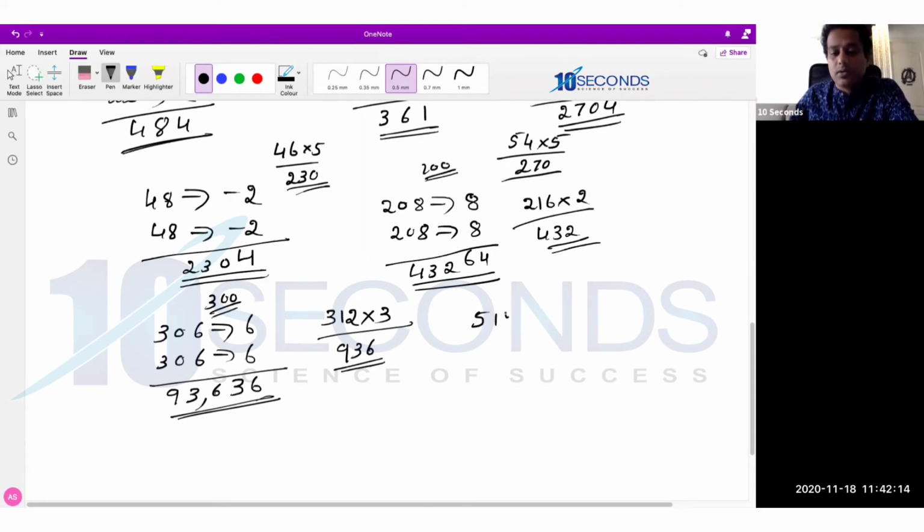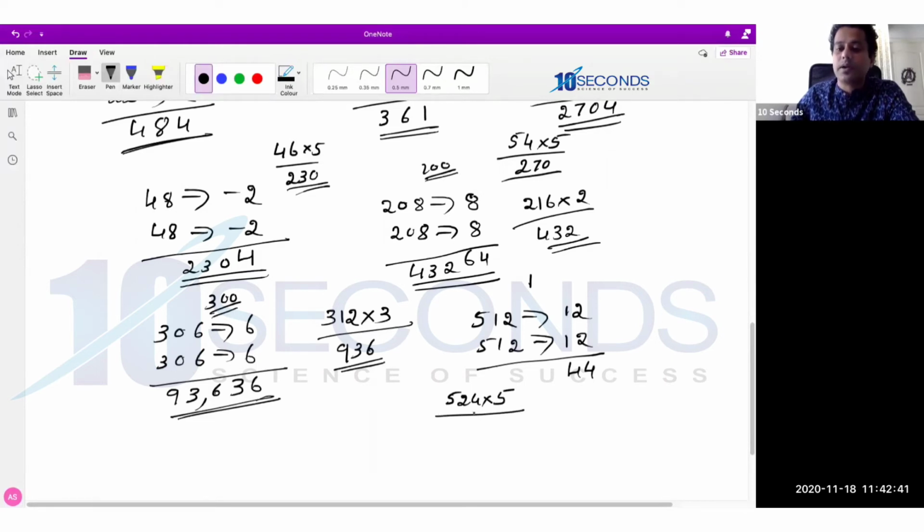Say 512 into 512. Now the catch here is 12 more than 500. 12 into 12 is 144. You can write only 44, and remember 1 is carry. 512 plus 12 is 524, into 5. So it is 2620.